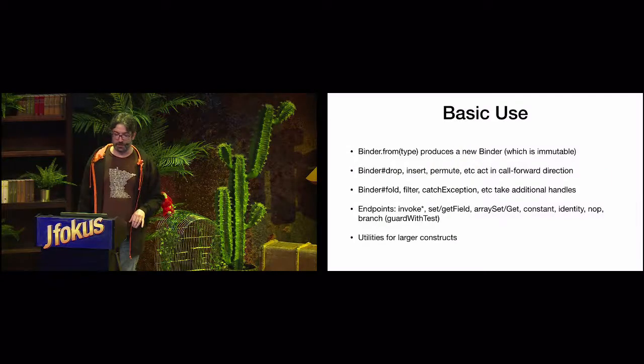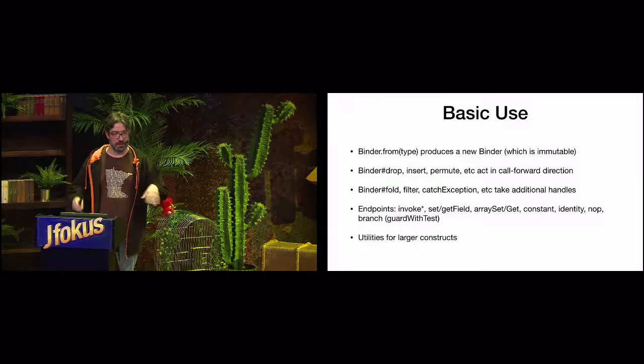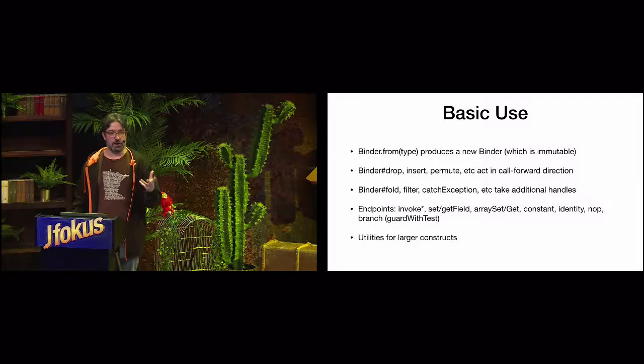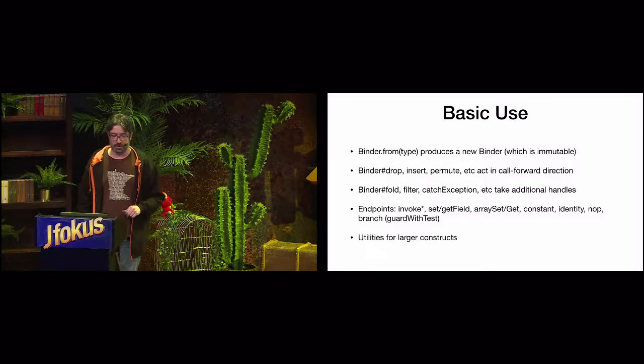All right, so we'll go through some basic use here of the InvokeBinder API. Starting off, you say binder.from with some method type, or with a return value and arguments. Now it knows what you're expecting to pass into the top of your method handle tree. You can do all of the operations simplified down to just simple words: drop arguments, insert arguments, permute arguments, and so on.